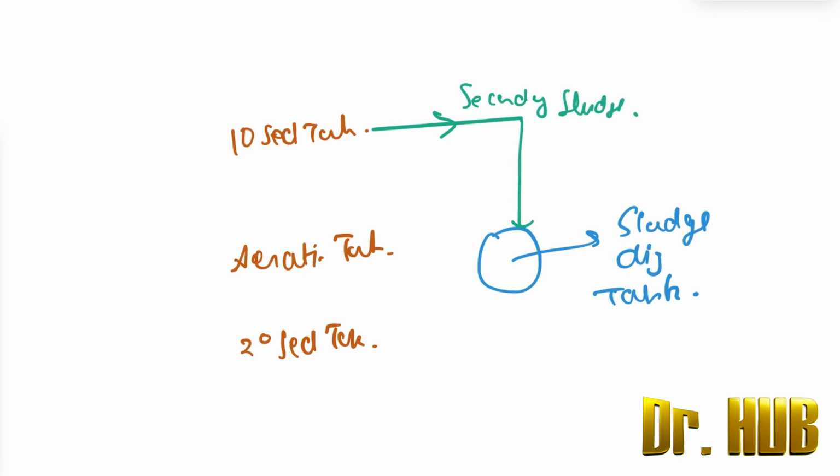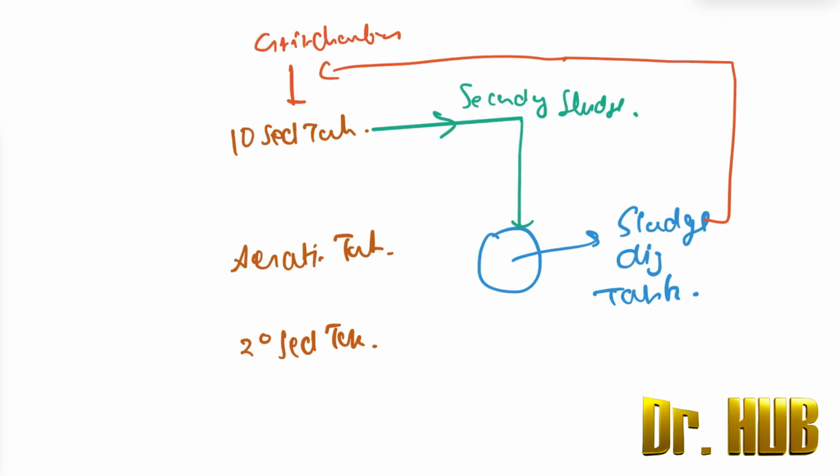Next, from the sludge digestion tank there is a supernatant which joins between the grit chamber and the primary sedimentation tank.